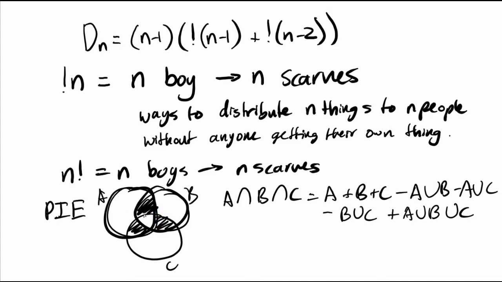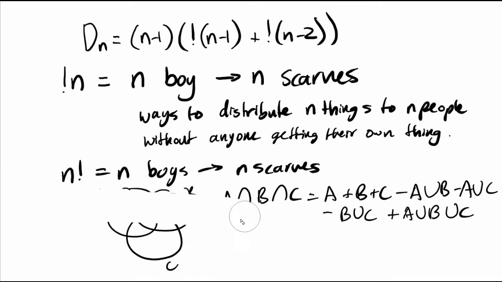So you have to subtract these areas, and after you subtract them, you've subtracted the middle area one too many times. So you have to add it back, and that's what the principle of inclusion-exclusion is. If you're confused, I really recommend you go watch our other video on that. But we're going to use it to help us on this question.